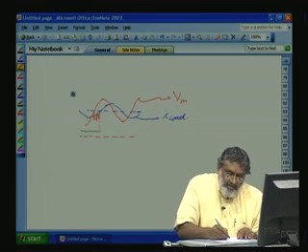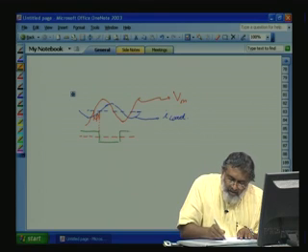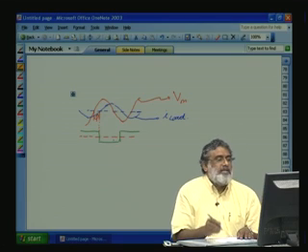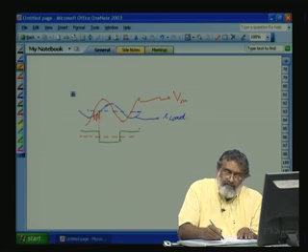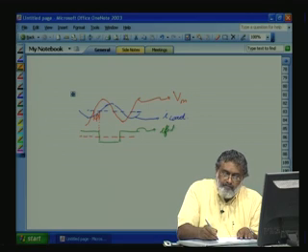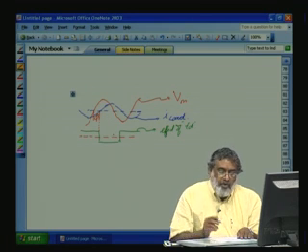So when the current is negative, there is an increase in the pole voltage waveform. When the current is positive, there is a decrease in the pole voltage waveform.